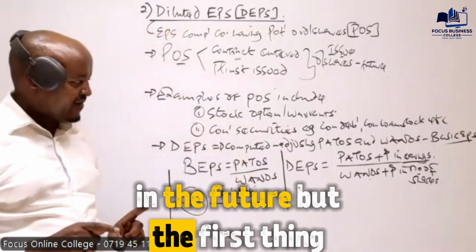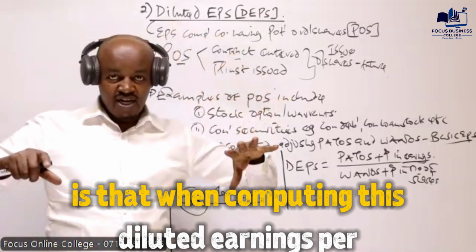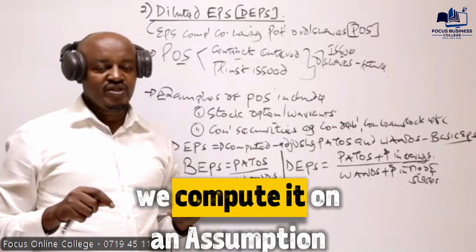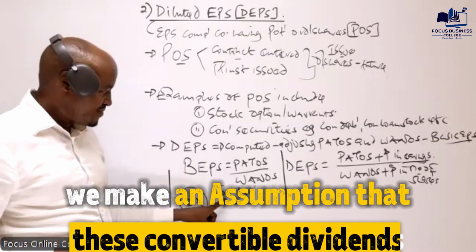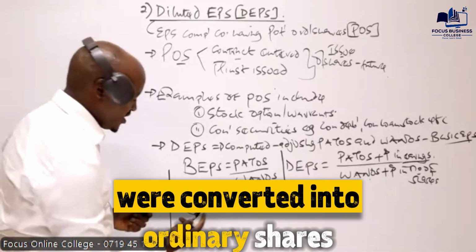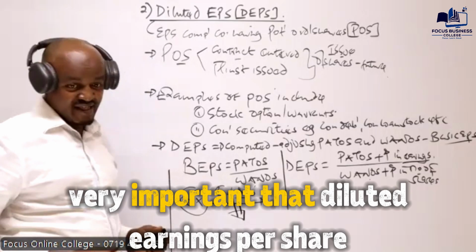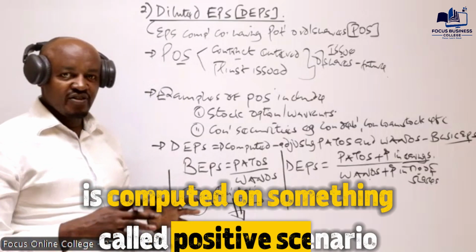But the first thing which is important for you to understand is that for us to compute the diluted earnings per share, we compute it on an assumption. We make an assumption that these convertible debentures were converted into ordinary shares during the current year. So it is very important that diluted earnings per share is computed on a what-if scenario.